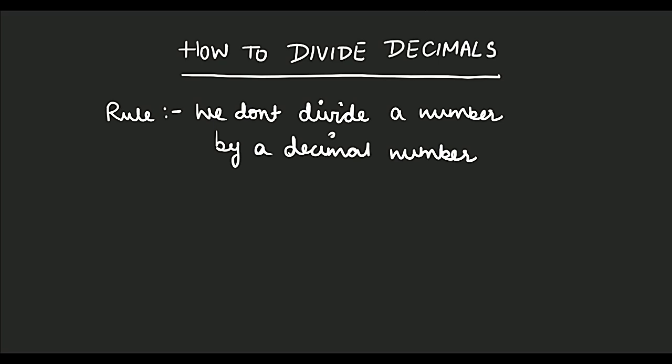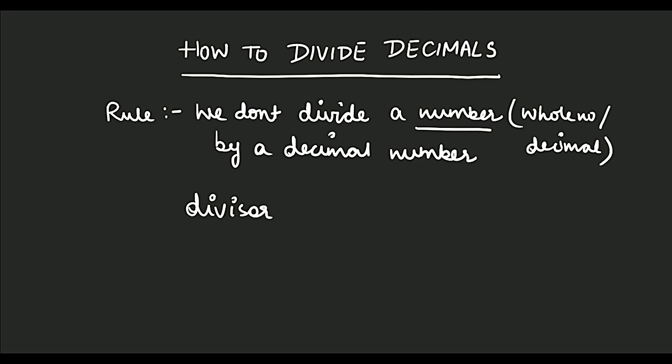Now, as I said, a number can be any number. It can be a whole number or a decimal number. But whenever we are getting a divisor which is a decimal number, we first make that number a whole number.